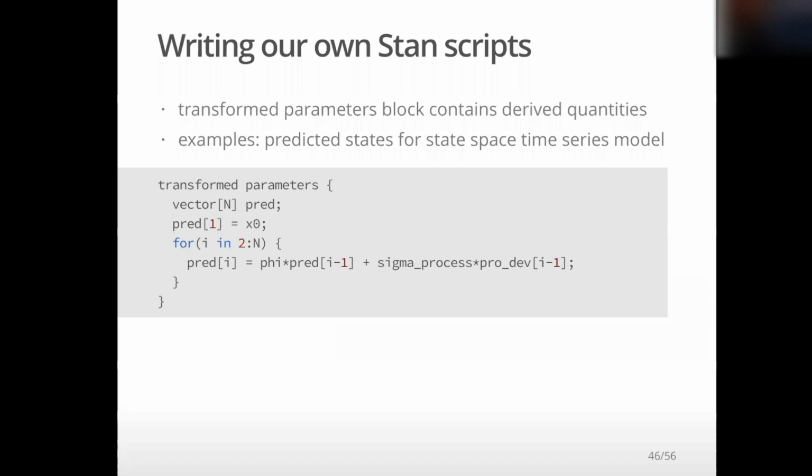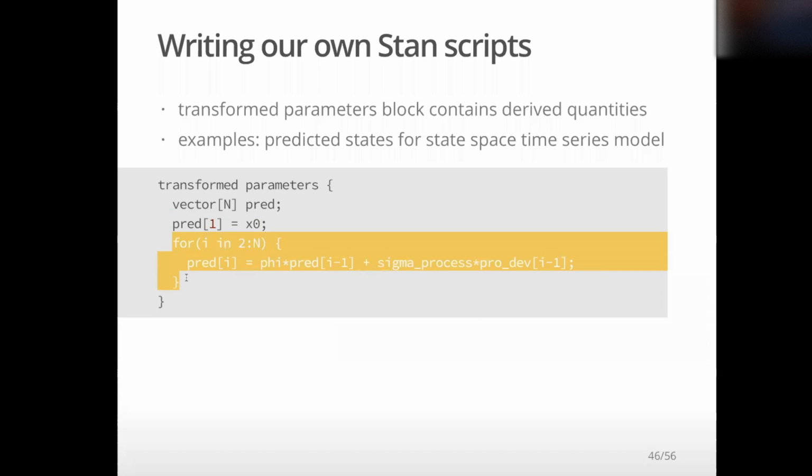In this case, I just wanted to include an example of what the transform parameters block might look like for a state-space time series model. As before, we had our observation and our process variances that we estimated. Our transform parameters block is going to include a vector of predictions. It's going to set the prediction for the first time step equal to the initial state, which we are estimating as a parameter as we would in MARSS.